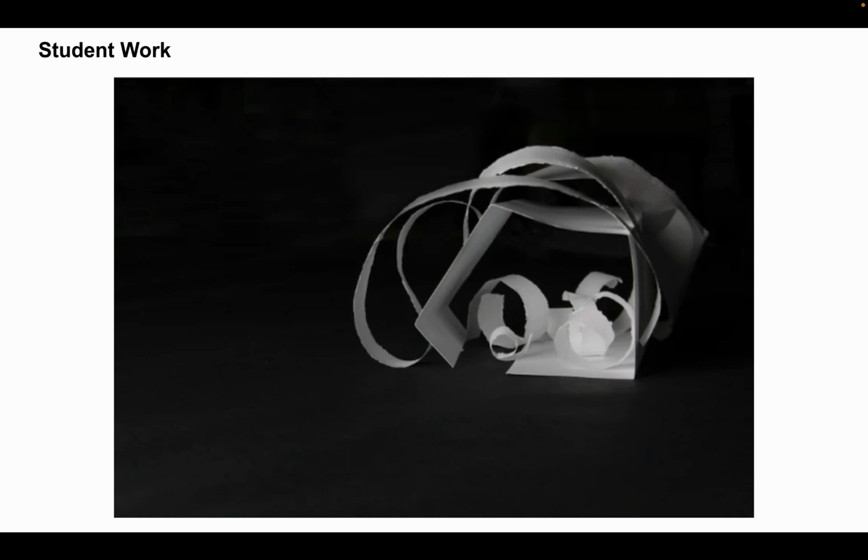So the student really thought about building almost like this house out of paper, and then they had little pieces of paper on the inside. If you look at their composition, they're following rule of thirds. Okay, their paper is not dead center, it's off to the side, so that creates that visual movement.